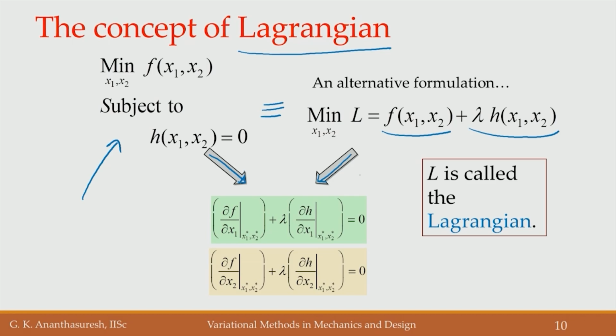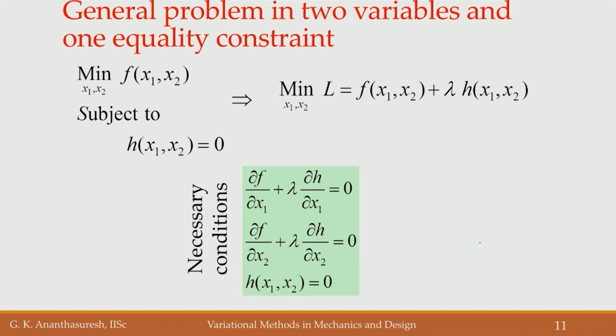Now, we are saying that we can also arrive at it in a different way, using the concept of the Lagrangian, okay. And these are the necessary conditions. Now, the moment we say this Lagrangian is minimum with respect to x1 x2 and there is this unknown multiplier, we get these two equations, the necessary conditions, and then we have the equality constraint h x1 x2 anyway with us.